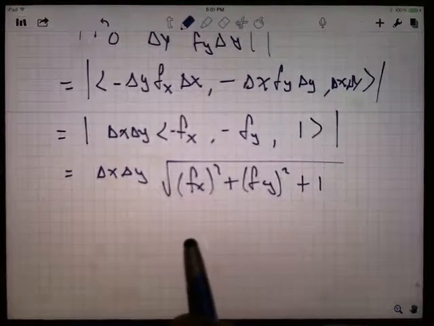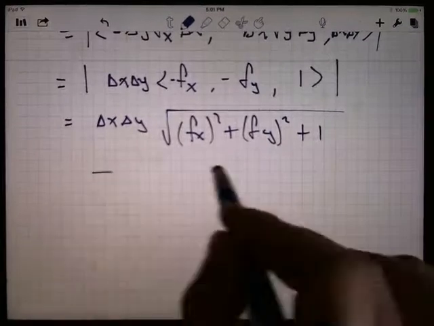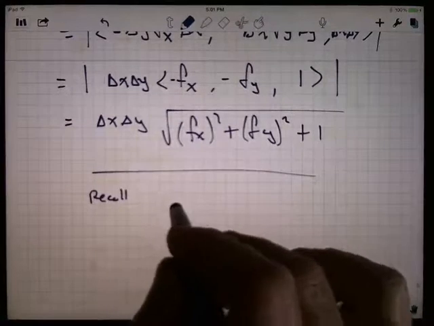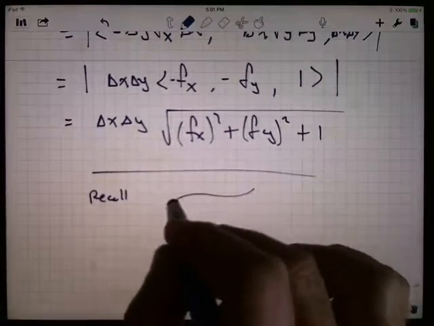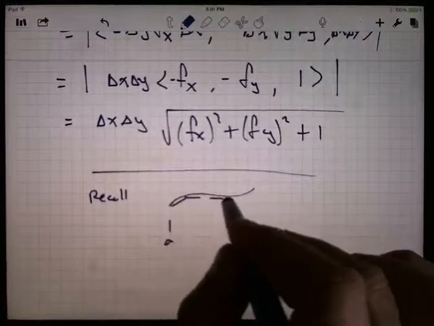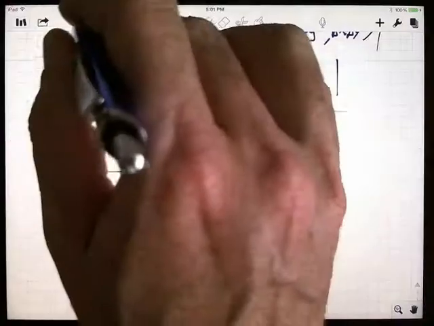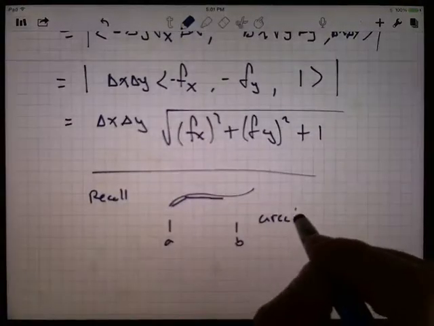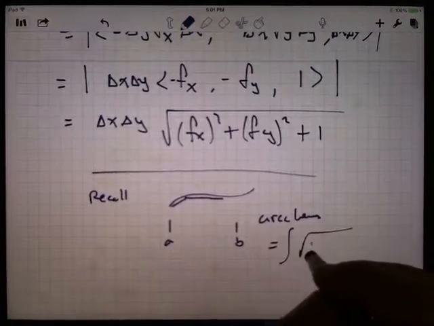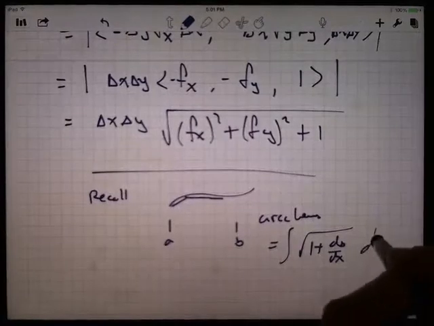I want to point out a similarity here, that when we did arc length back in Calc 2, when we had, from A to B here, we took it and we cut it up into a bunch of little pieces. We had that the arc length was the integral of the square root of 1 plus dy dx squared times dx.